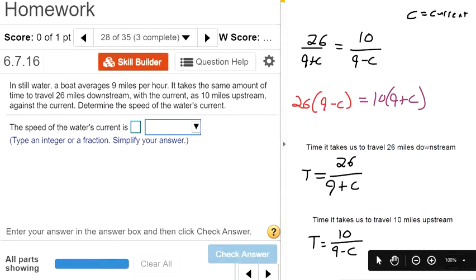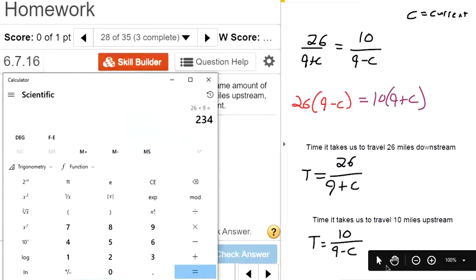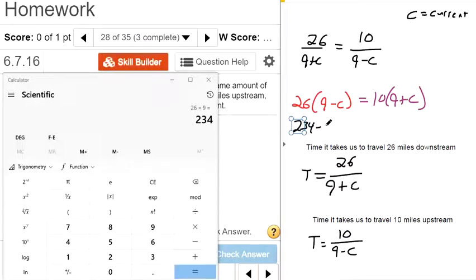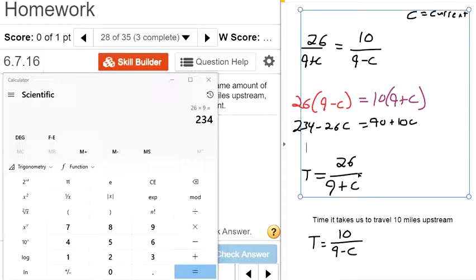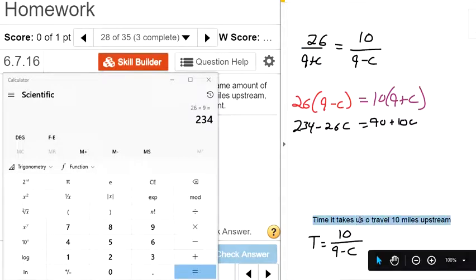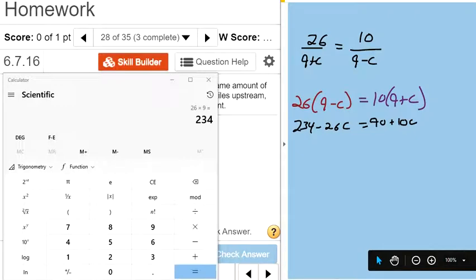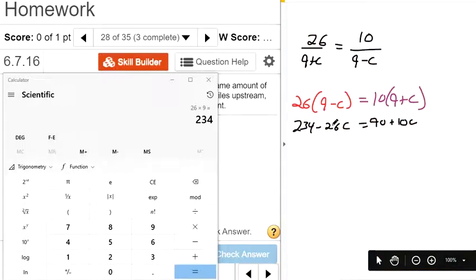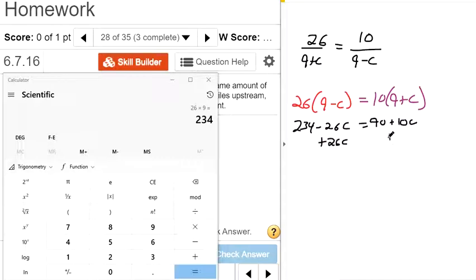And now if you distribute, 26 times 9 makes 234, minus 26c, that equals 90 plus 10c. Just making some room for myself. Okay, and then now we've got a plain old regular equation. We want to get c by itself, so I'm going to add 26c to both sides.